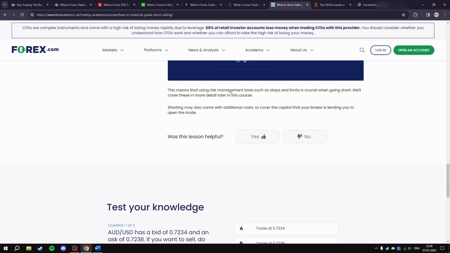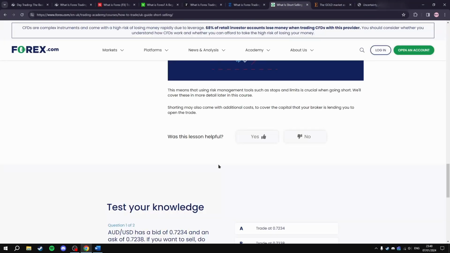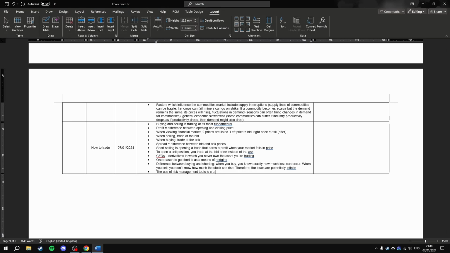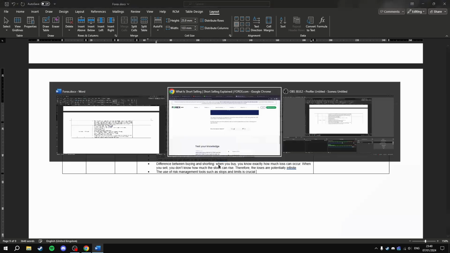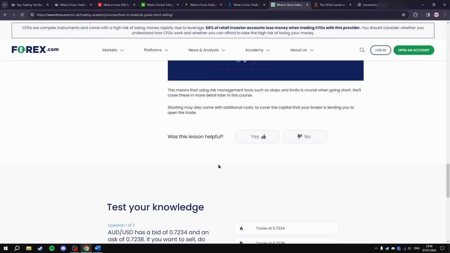This means that using risk management tools such as stops and limits is crucial when going short. We'll cover these in more detail later in this course.